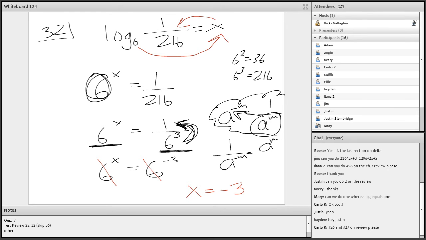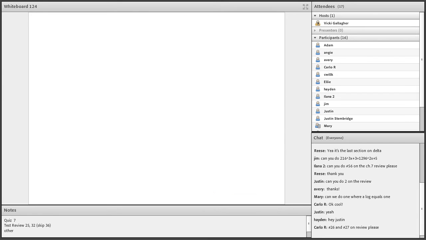Do you mean one where it's like log with a 1 next to it, or like log of 1? Or do you want one that's log equals 1? I'm not sure which way. Or if you have one that you can tell me from like a worksheet or something, we can totally do that.